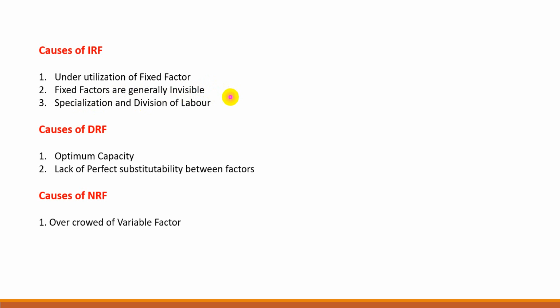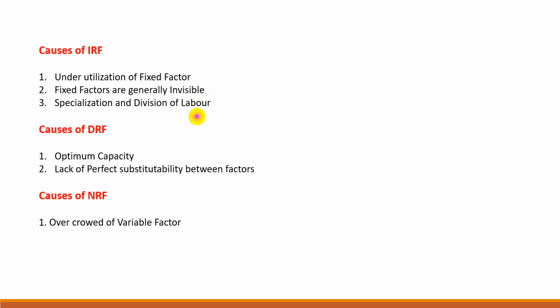The minimum size of the fixed factors may be greater than its actual utilization in the initial stage. With increased employment of the variable factor, the fixed factor starts getting utilized efficiently. Effective and efficient utilization of the indivisible fixed factor leads to an increase in total output at an increasing rate. Your total output is the total physical productivity.